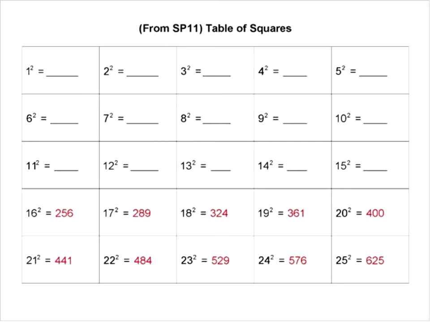Right now, just real quick, let's fill out the third row there from 11 squared to 15 squared. Shelly, do number 11 squared. Pat, do 12 squared. Mark, you do 13 squared. Joe, you do 14 squared.